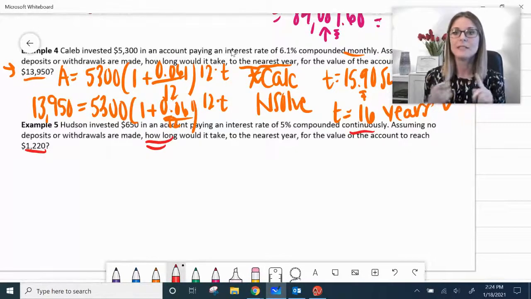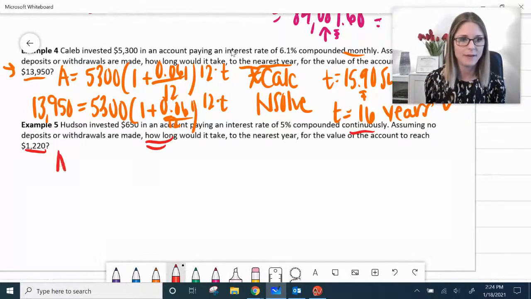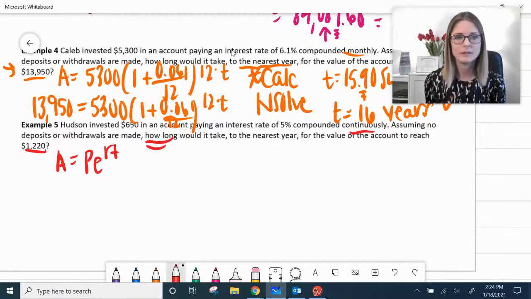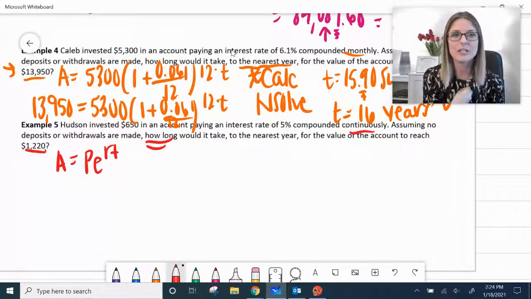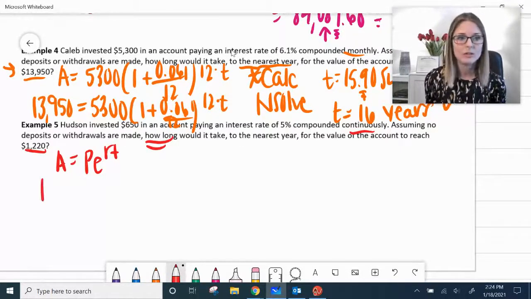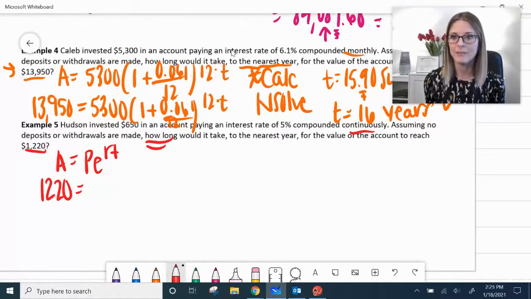So continuously, we are using the compounded continuously formula, the PERT formula. Let me go ahead and write that. How long? We are going to be missing the time. Notice it didn't say how many years. We're looking for the number of years for it to equal 1,220, which goes right there for my A, my final amount. His principal was 650.